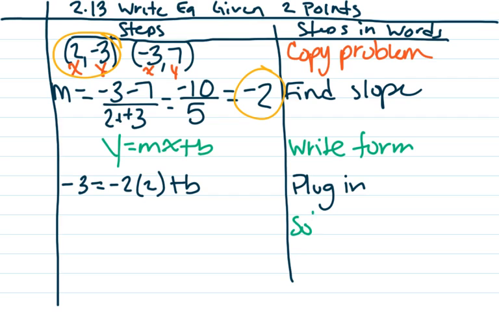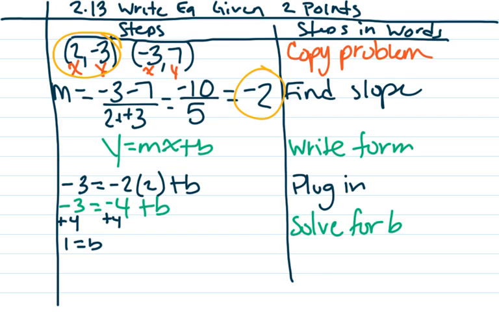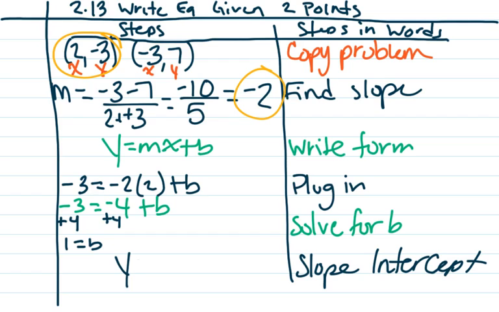We're then going to solve for b. So we get negative 3 equals negative 4 plus b. We're going to add 4 to both sides. So we get 1 equals b. And then we're going to write in slope-intercept. So we end up with y equals negative 2x plus 1.